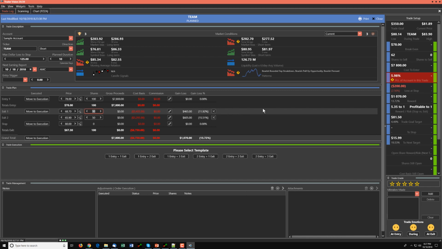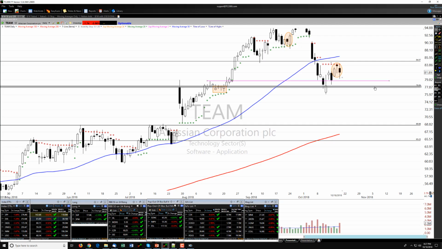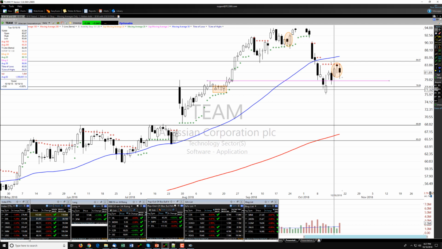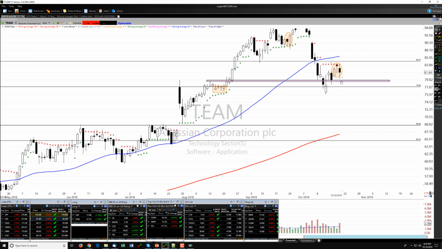And so let's go back and just make sure I'm not insane. $78 entry is below that level that we've drawn. A stop up here at 80 is right up in here, and that seems realistic to me after we have moved down that much.